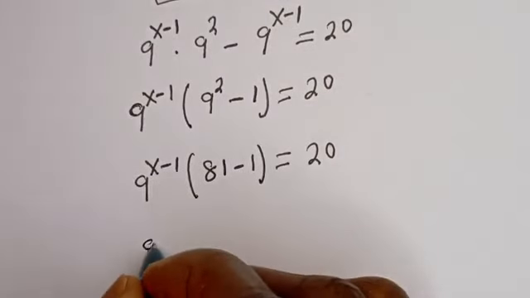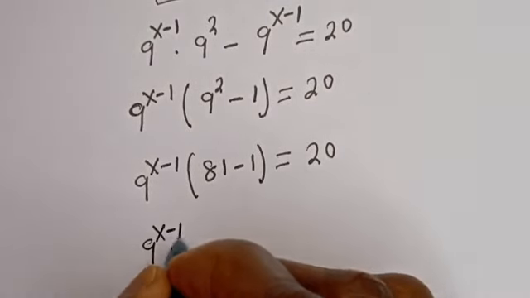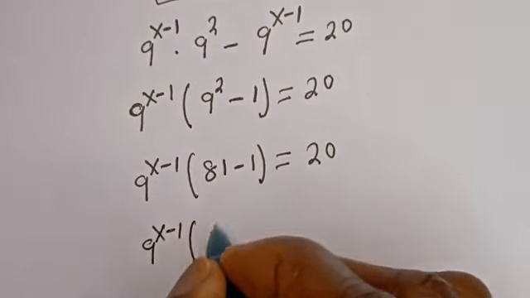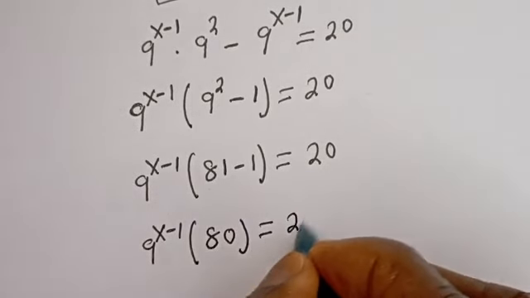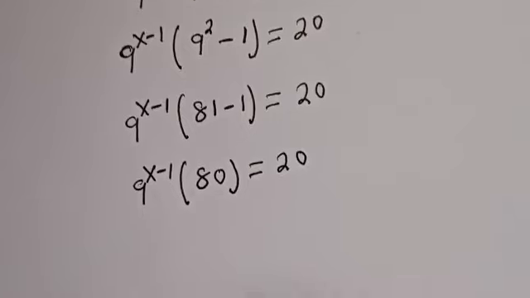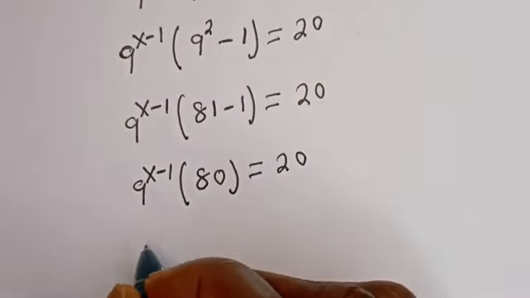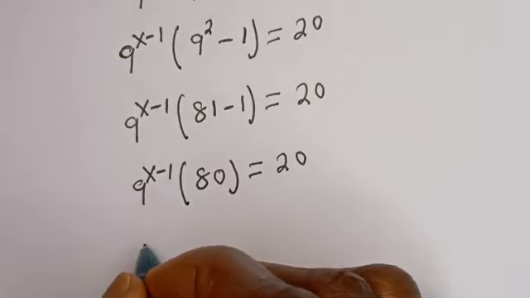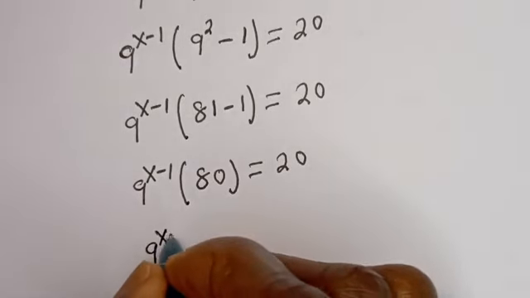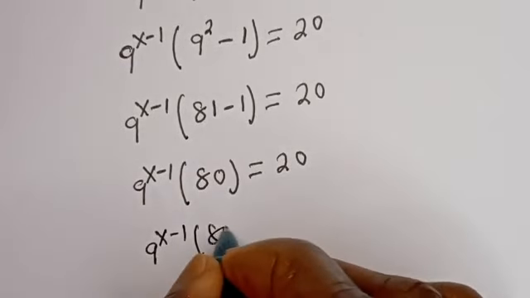Now here we have 9 to the power of x minus 1 bracket 81 minus 1, that is 80, is equal to 20. Then here is 9 to the power of x minus 1 bracket 80.